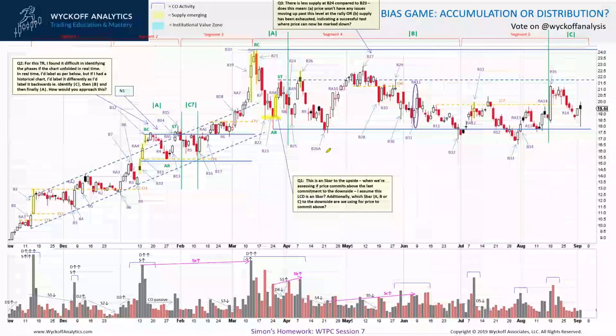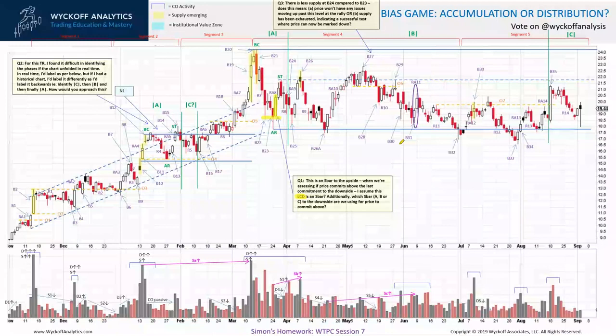I assume this, okay, so I forgot, Simon, what was that? Last commitment down. Yeah, last commitment to the downside. Okay, so new acronym here. I assume this last commitment to the downside is a significant bar.